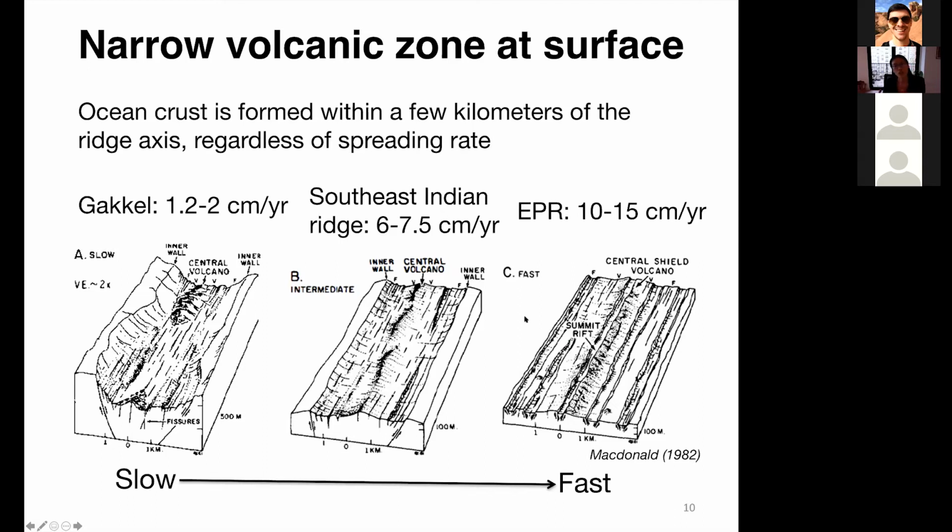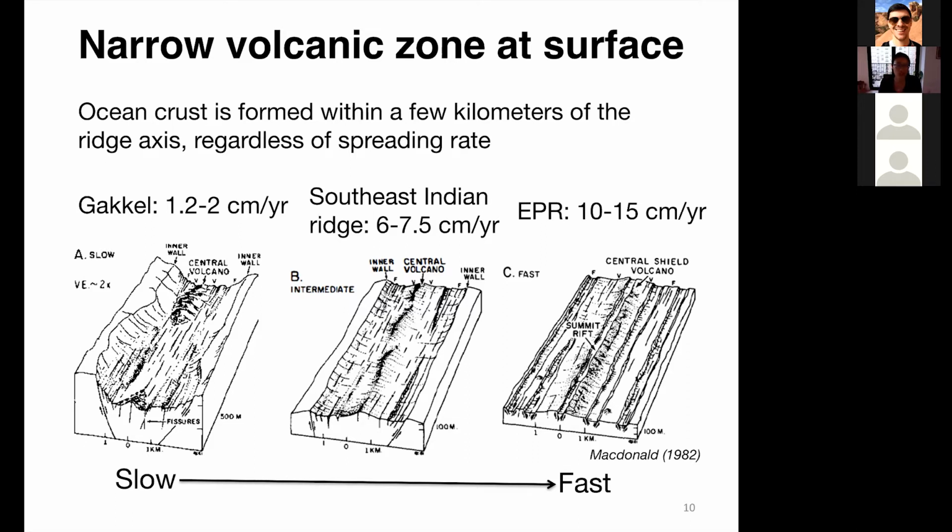The oceanic crust is formed within a few kilometers of the ridge axis, regardless of spreading rate. A slow spreading ridge axis looks pretty different from a fast spreading ridge axis.